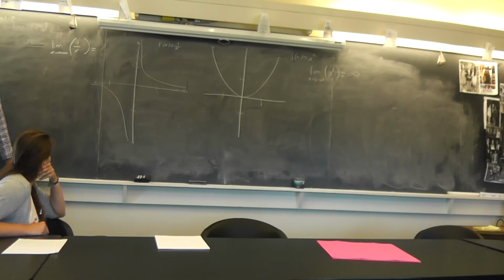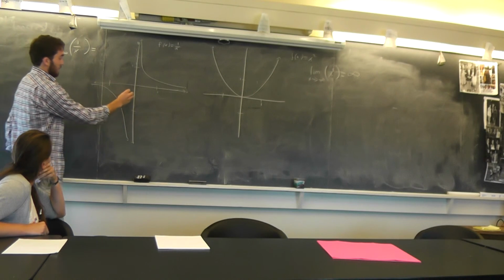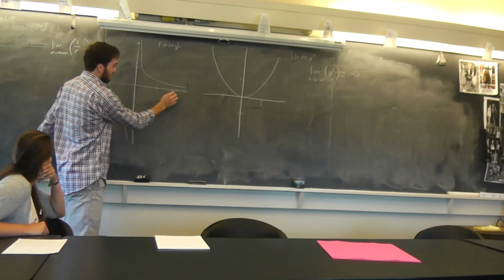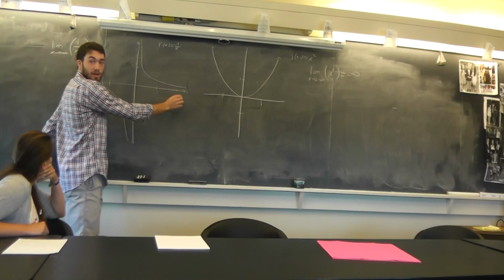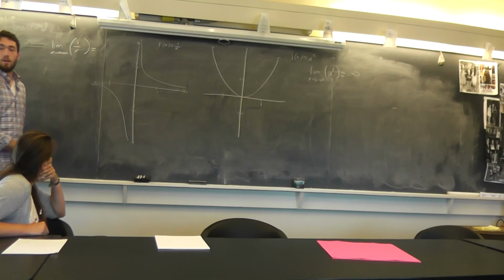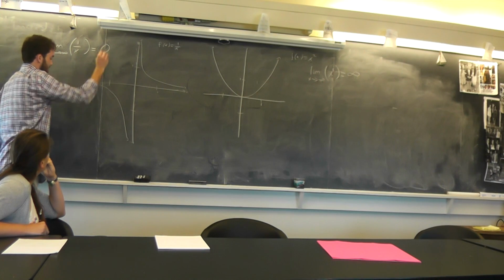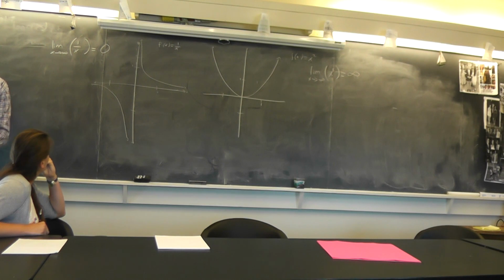Infinity? Okay, so the x value is getting closer to infinity, and as we're going along this axis, the y values we decided were getting smaller and smaller. 0.00 whatever. Very close to 0. It's very close to 0, and that is the exact concept I'm trying to illustrate, that when we take the limit, not only does it get really close to 0, but the limit is actually 0. Thank you very much.